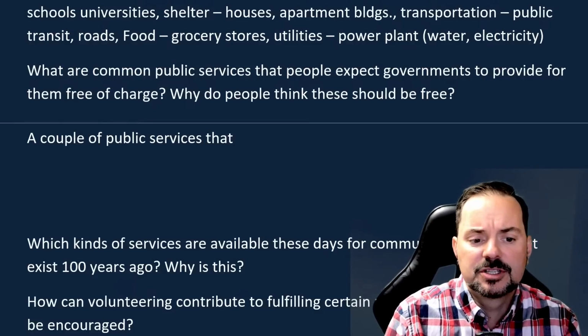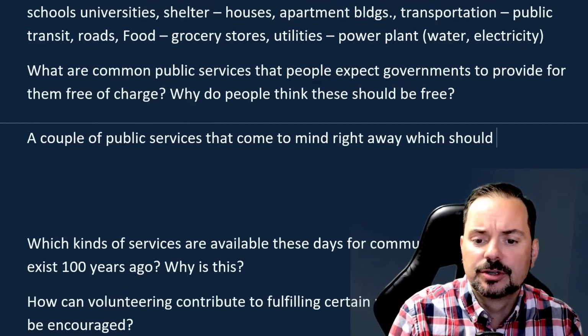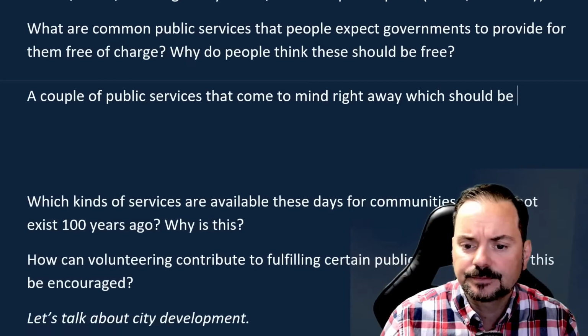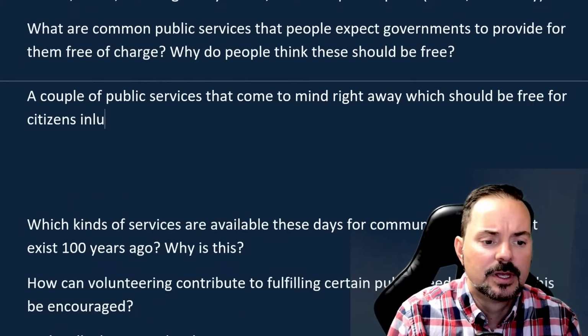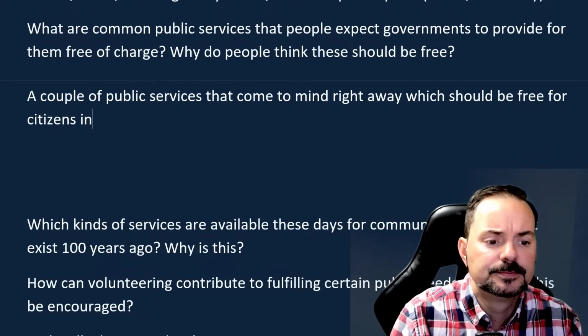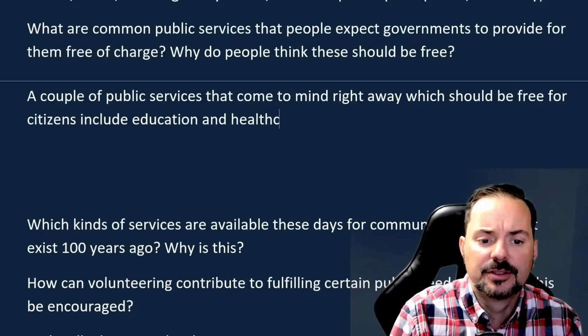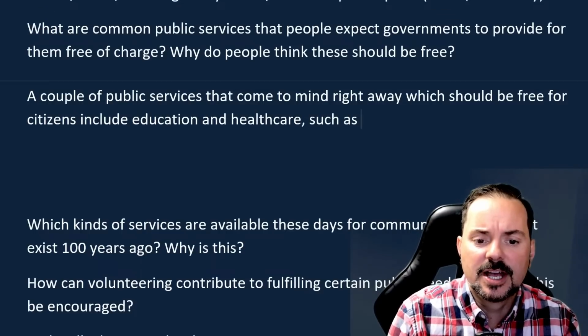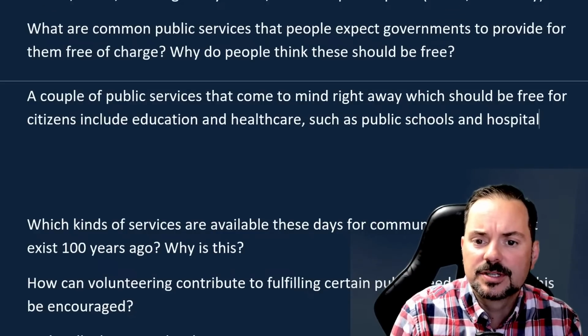A couple of public services that come to mind right away, which should be free for citizens, include education and healthcare, such as public schools and hospitals.